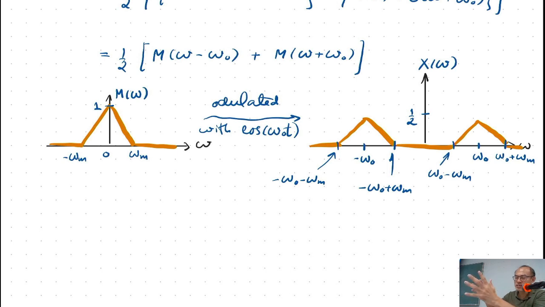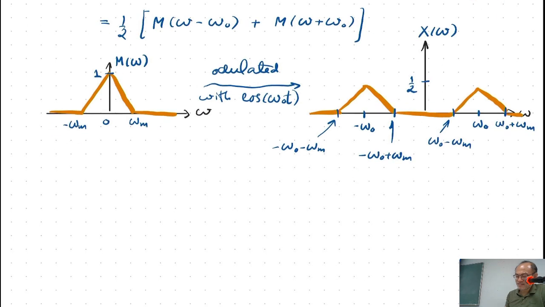So modulation means frequency shifting, and this is a very useful operation especially in communication, where you have to shift the frequency of the signal to position it at a higher frequency, so you can transmit it using electromagnetic radiation.